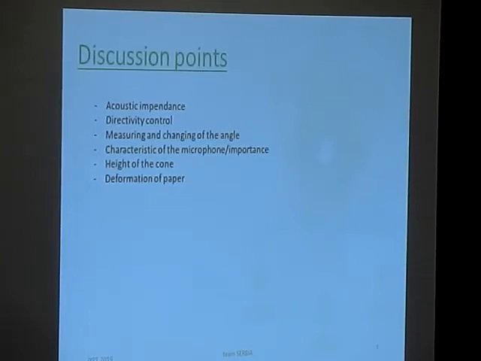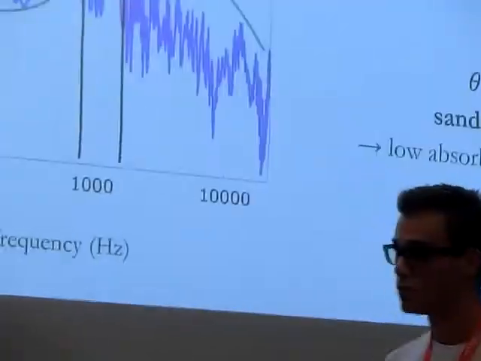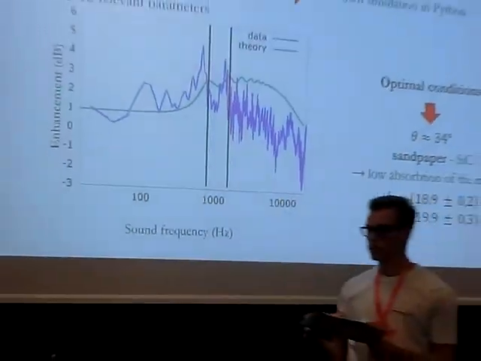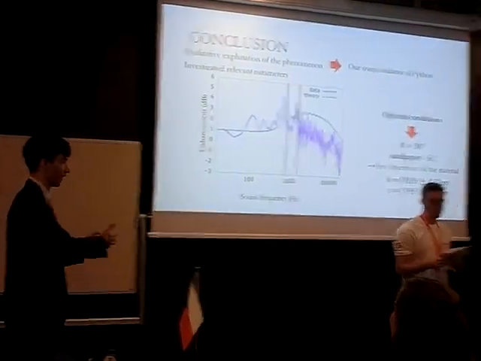Okay, I want to talk about how you measure the angle of the cone. I think that actually the error of the angle is not so important. But how do you measure the angle of the cone?